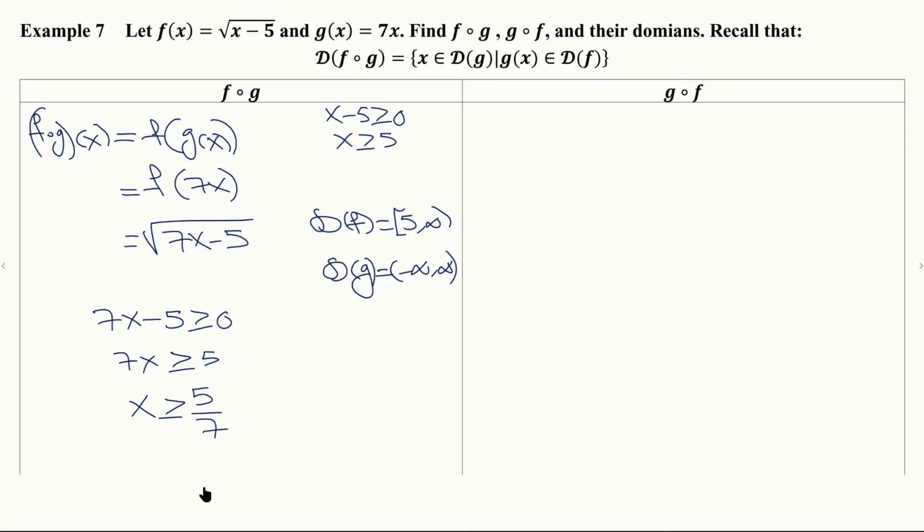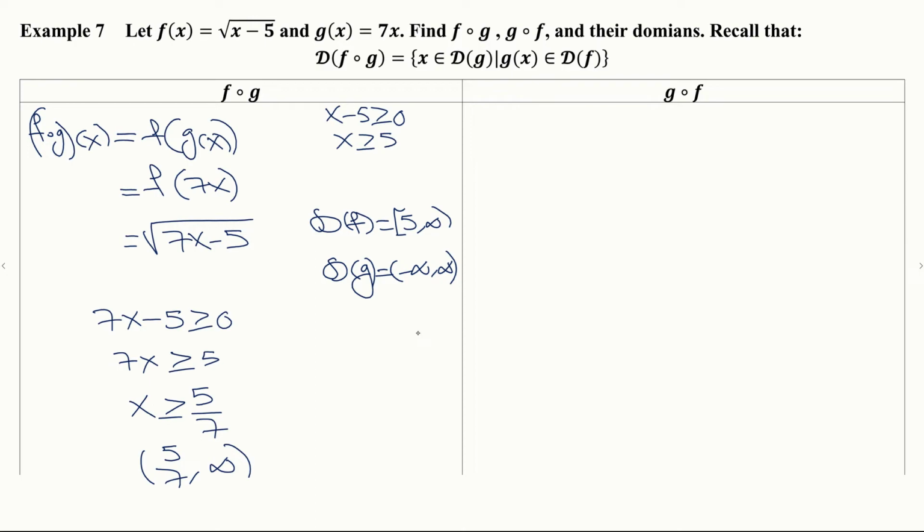All right, so as long as the numbers in the region from negative infinity, actually 5/7 comma positive infinity, are in the domain of g, which they are, right? g is all real numbers, right? And as long as we apply the function g to them and they remain part of the domain of f, we should be okay.